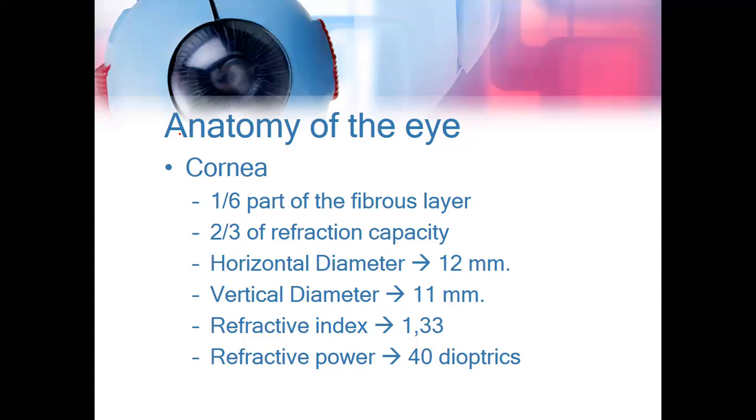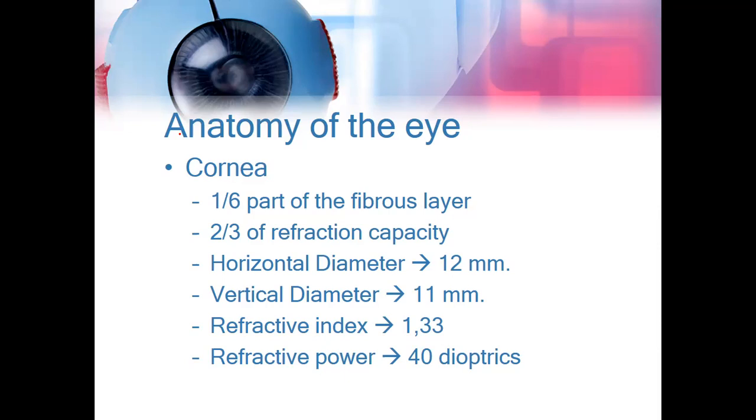The atmospheric air has a refractive power of 1.00, okay? The air we are breathing has its own refractive power. So when there is any structure that deflects the light beams more than the atmospheric air, we're saying that this structure has refractive power, okay?